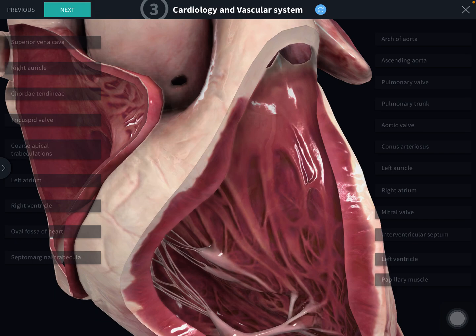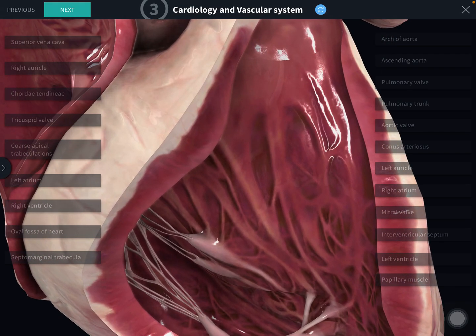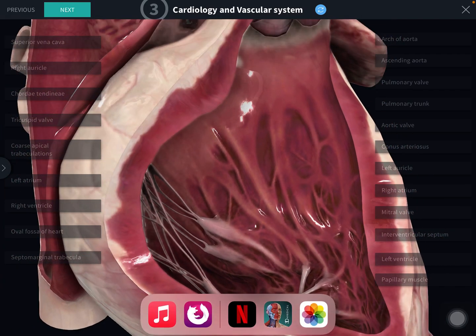The bridges connect the ventricular walls by their ends but remain free in the middle. So in this specialized bridge we should know. So this is the specialized bridge.